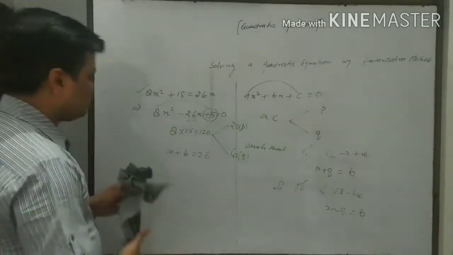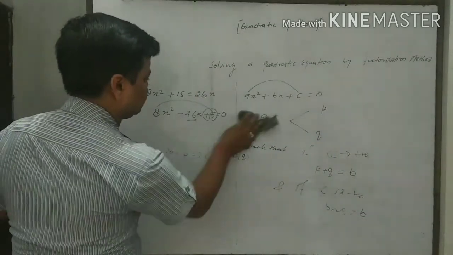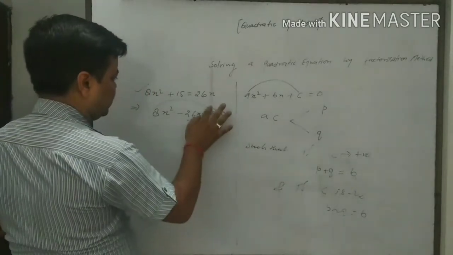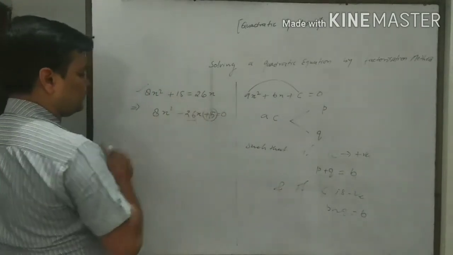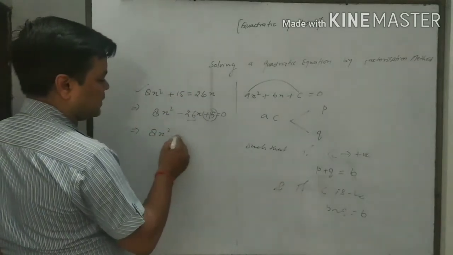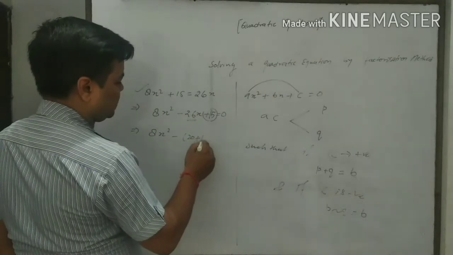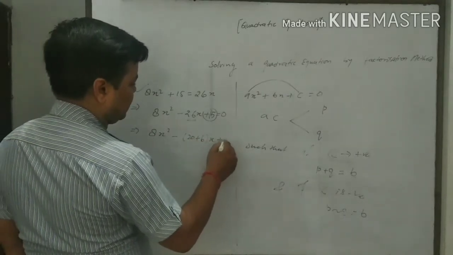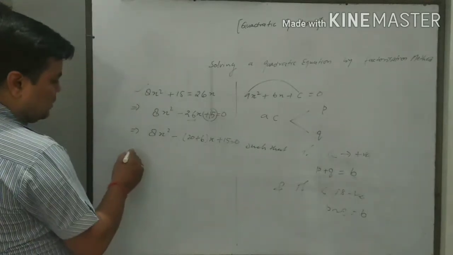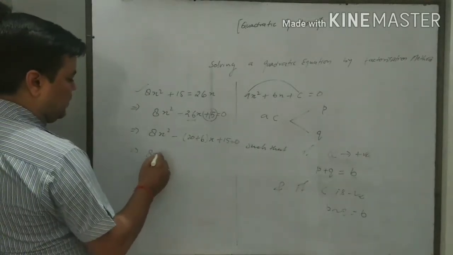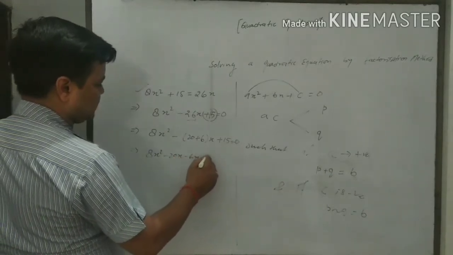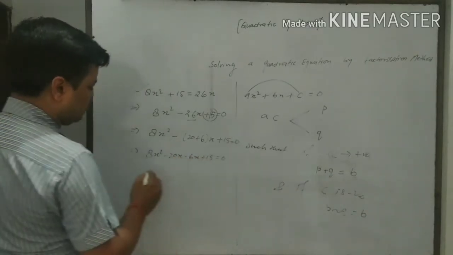Now what do we do? In this way, we can write here 8x square minus 20x minus 6x plus 15 is equal to 0.